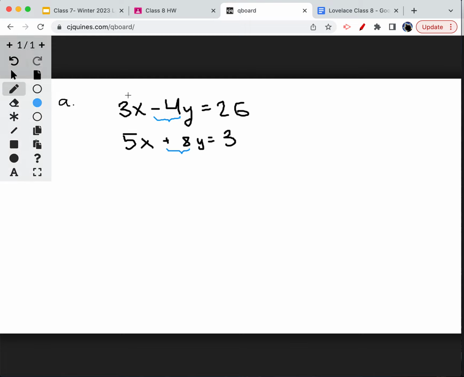So basically, if we just multiply the first equation by 2 on both the left and right hand side, we'll get 6x minus 8y is equal to 26 times 2, which is 52.